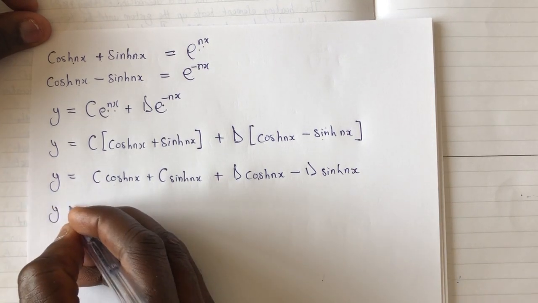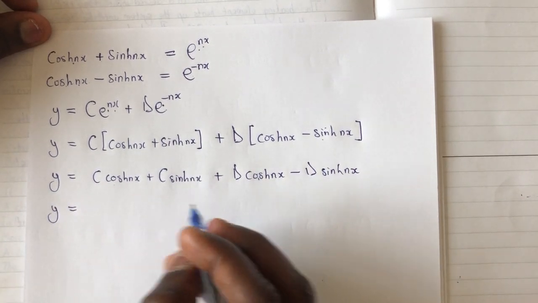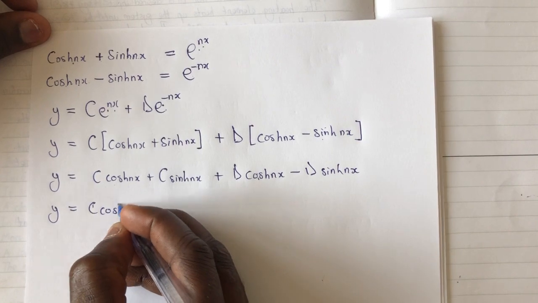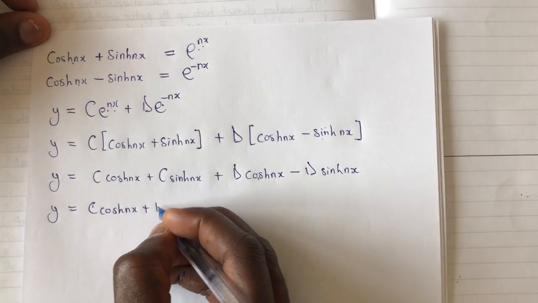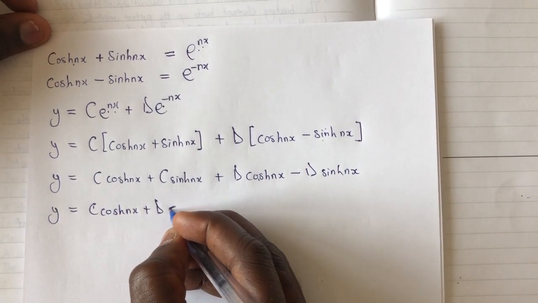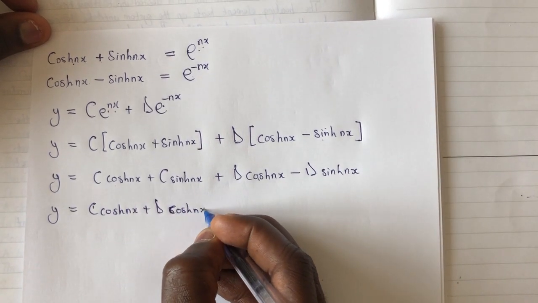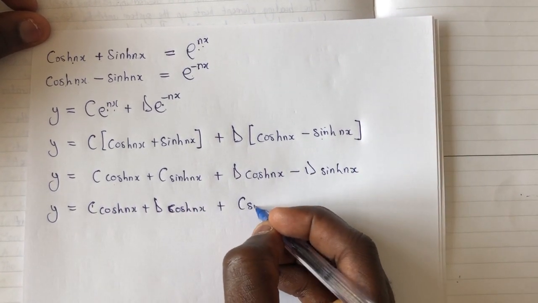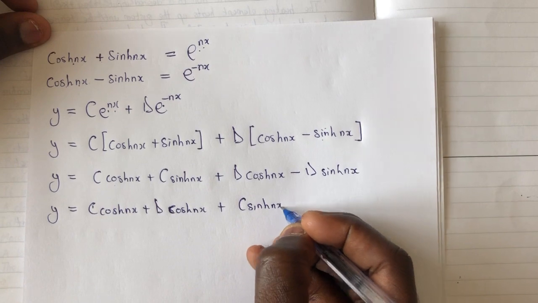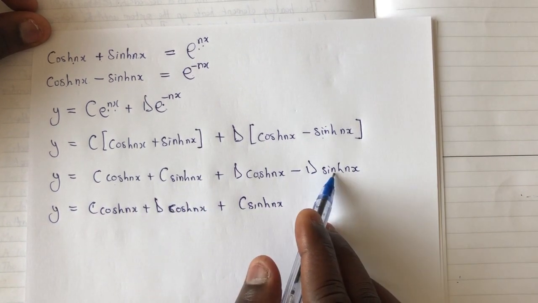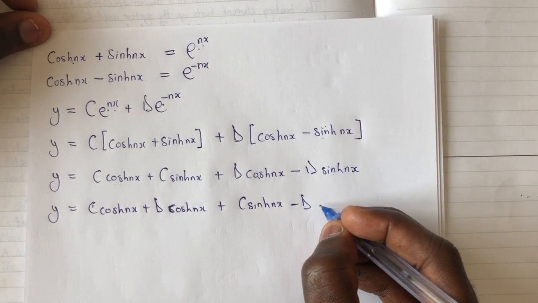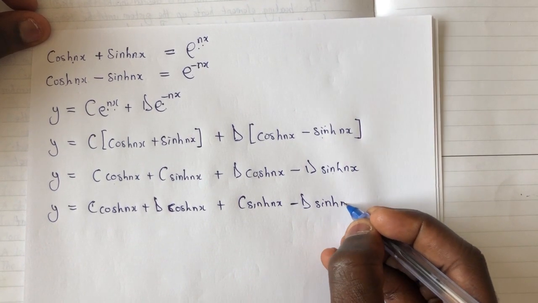So therefore y equals c cos nx plus d cos nx plus c sin nx, then I'll bring this one, minus d sin nx.